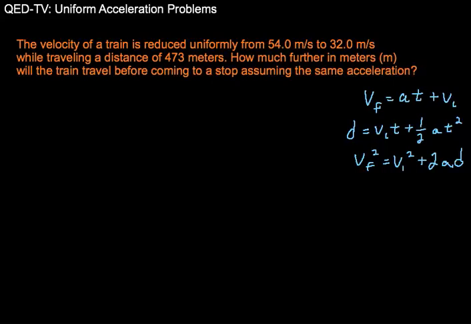It says if the velocity of a train is reduced uniformly from 54 meters per second to 32 meters per second. Okay, so there's an initial velocity of 54 meters per second, and there's a final velocity of 32 meters per second, while traveling a distance of 473 meters.